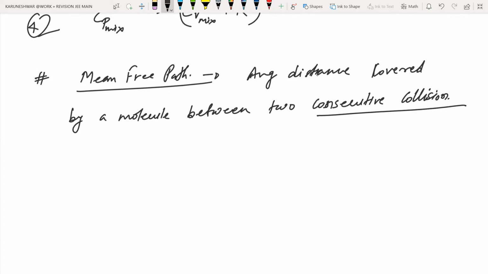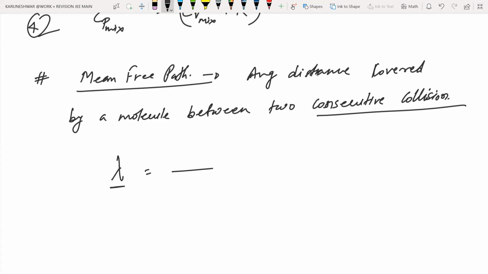So this is the thing you need to remember. Mean free path is represented by lambda, and it is the distance covered by the molecule between two consecutive collisions.